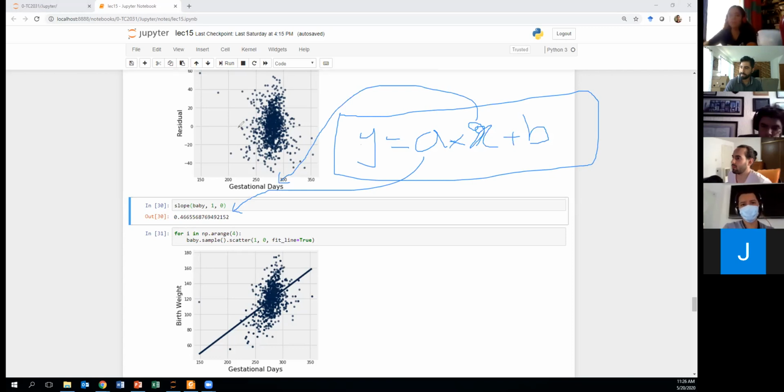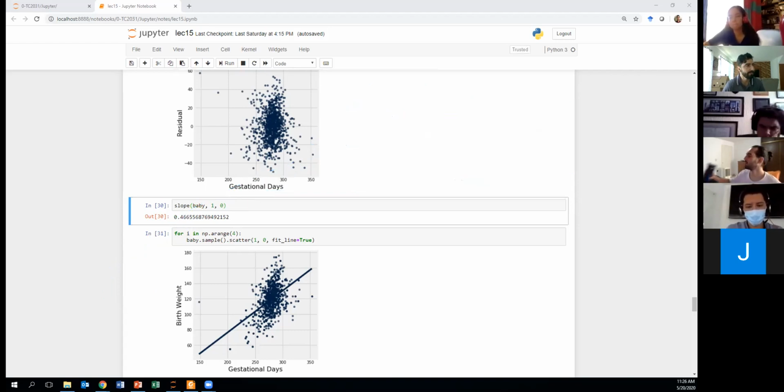My y value is, sorry, not residuals, my y value is birth weight. So this is the equation I'm trying to calculate here. I'm doing exactly the same thing. I have this x, my gestational day. I have my slope, which is this a, and I have some intercept. So is that clear?